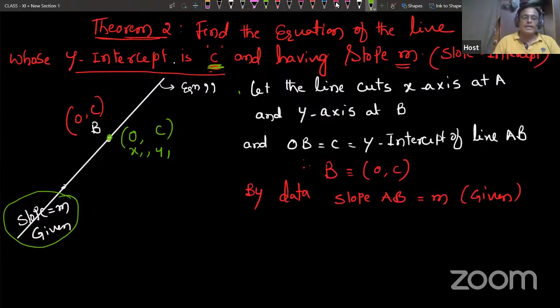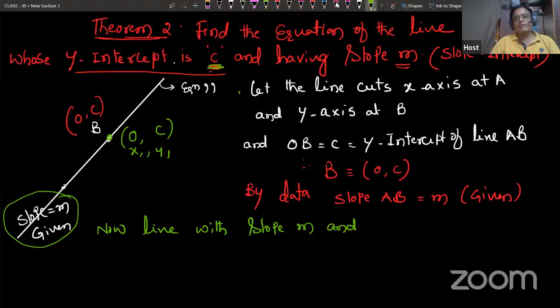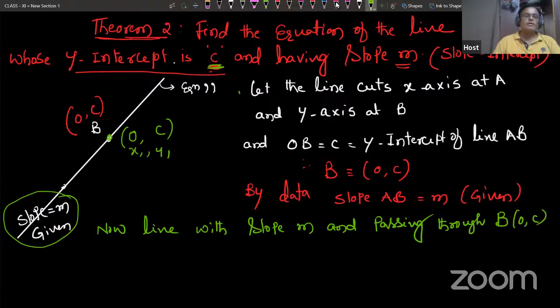So the line with slope m passing through B (0, C), which formula do we use? Theorem number 1, the point-slope form.